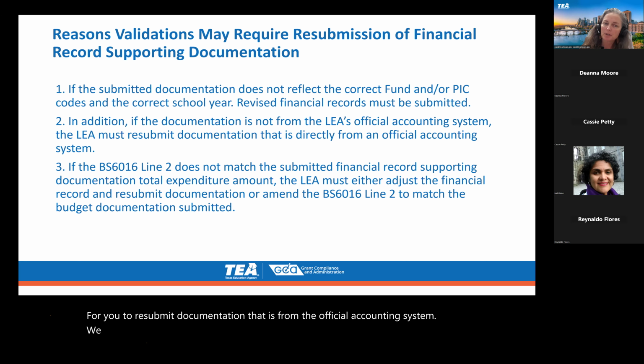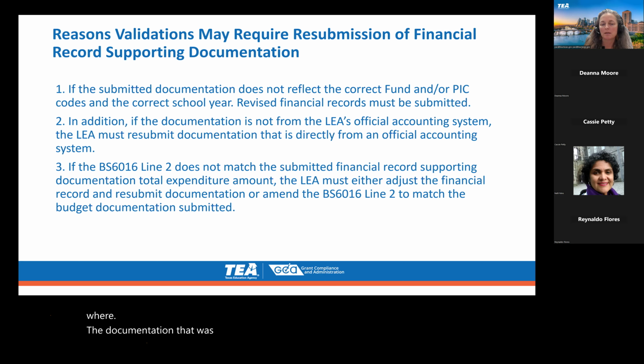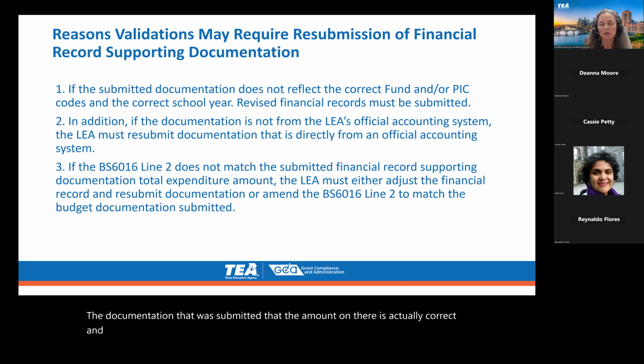We touched on this earlier with the BS 6016 line 2. It might be a scenario where the amount on the submitted documentation is actually correct, in which case the application would be amended if line 2 doesn't match up.